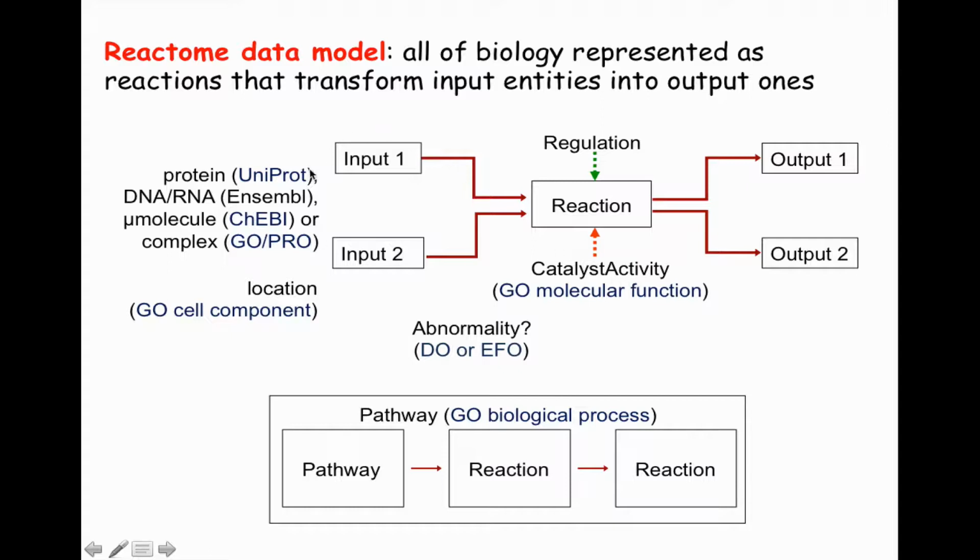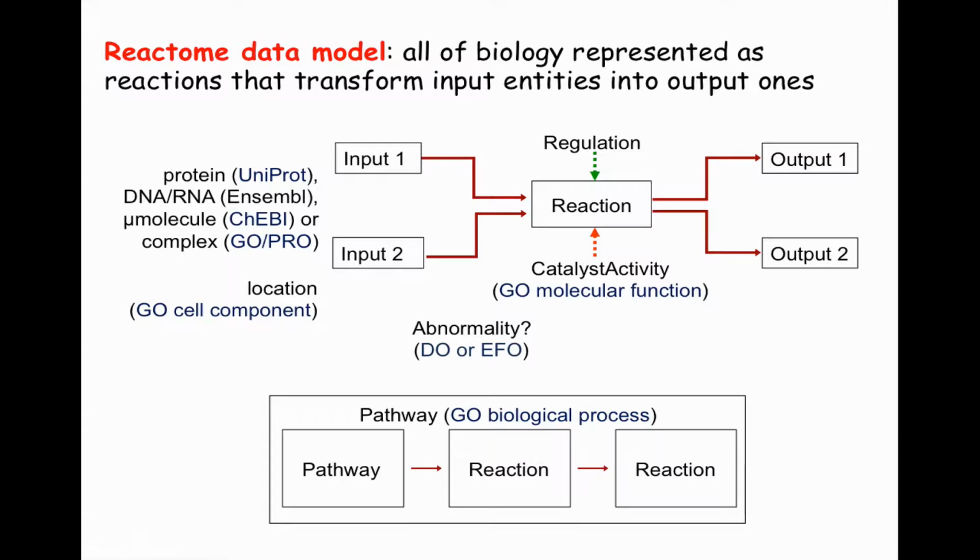Where we are describing locations in cells, we use terms from the GO cell component ontology. We use terms from the GO molecular function ontology to describe the behaviors of catalysts, and GO biological process terms to describe overall processes. And in all these cases, while we have worked very actively with people at GO and ChEBI and, to a lesser extent, UniProt, if we disagree with their annotations, we deal with that by complaining to them, not by trying to make up a homemade term that will substitute.